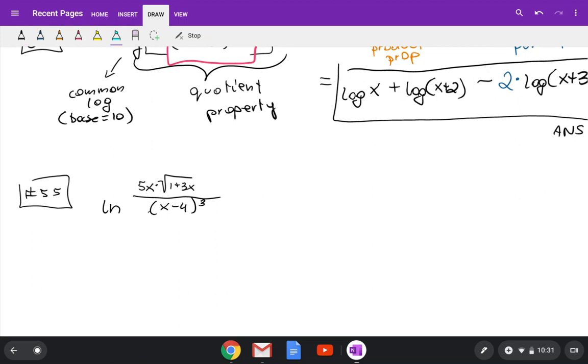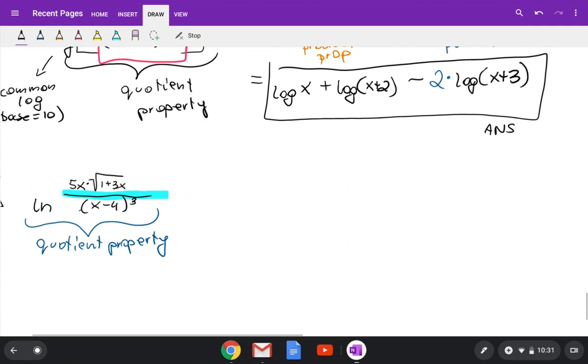I'm not going to write properties, but hopefully you see now that the major property is quotient. Of course I'll write. So you're going to start with the quotient property. Maybe I'm over-explaining, but I really want to make sure that you know which property I'm applying. So log of a quotient becomes the difference of logs.